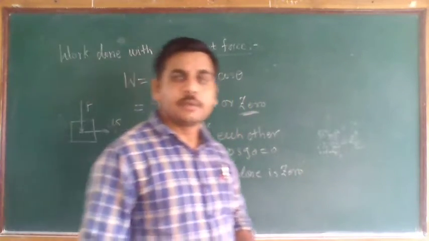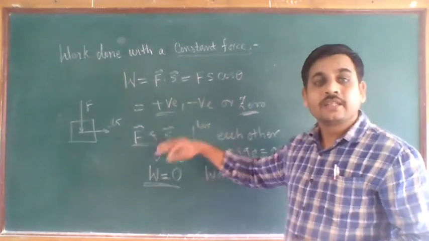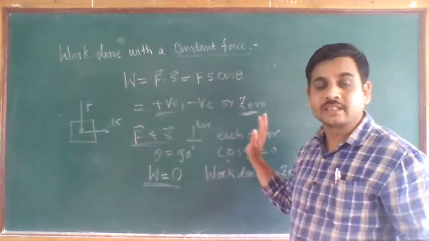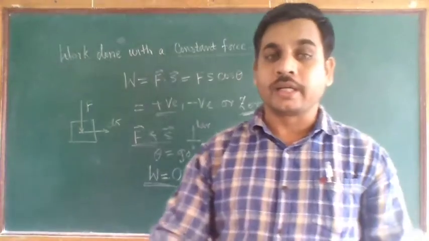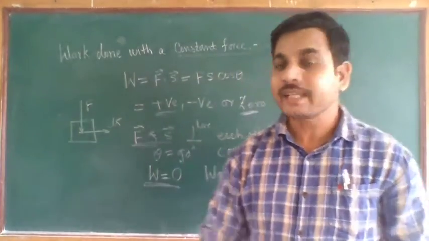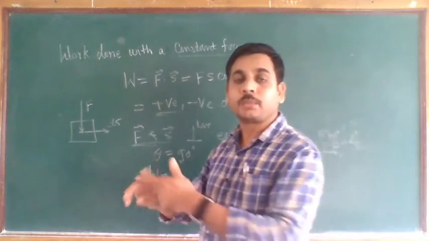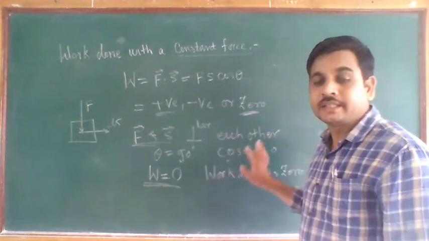In the first condition, you apply the force and the body covers the distance in the same direction, and you get positive work done. In the second case, the force and displacement are perpendicular to each other, and the work done is 0.